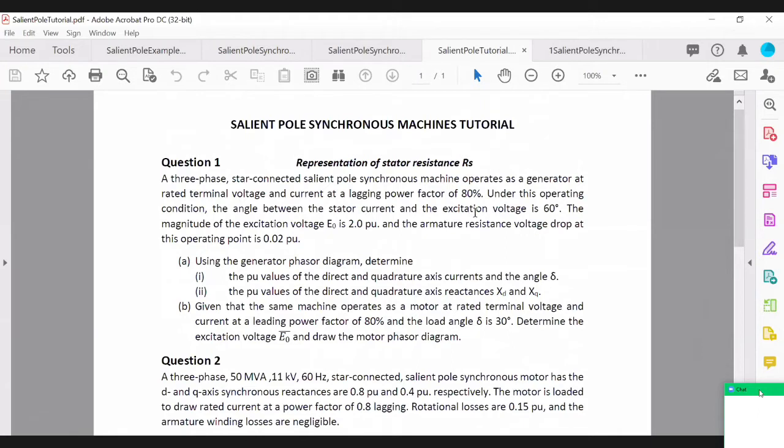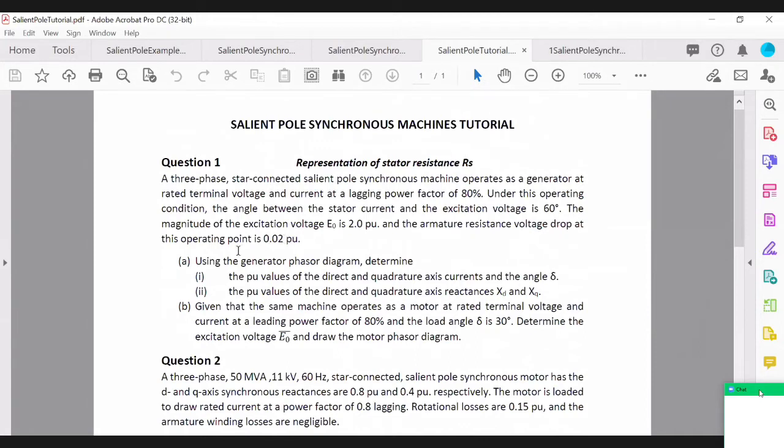That's 60 degrees. And you've been given the magnitude of the excitation voltage, so E naught is 2 per unit, and the armature resistance drop is 0.02 per unit.